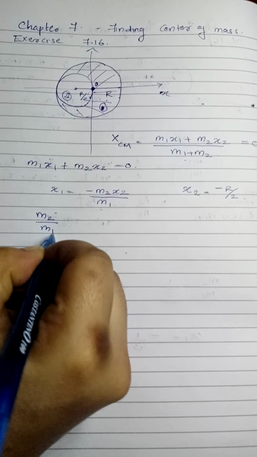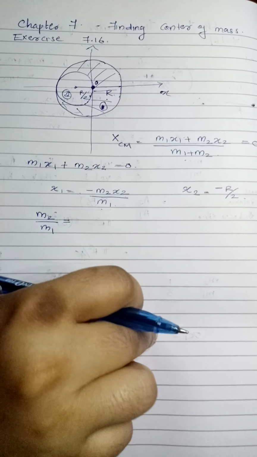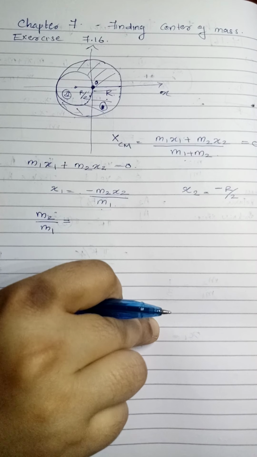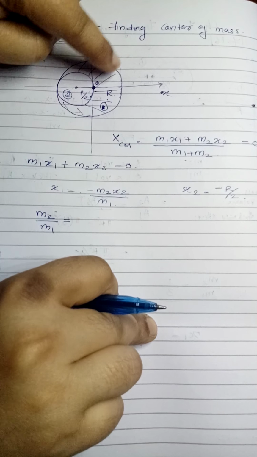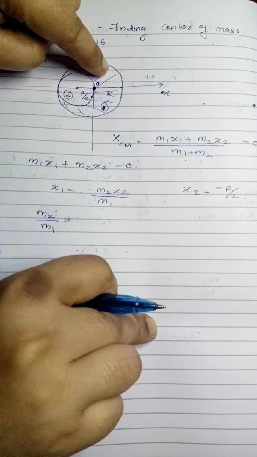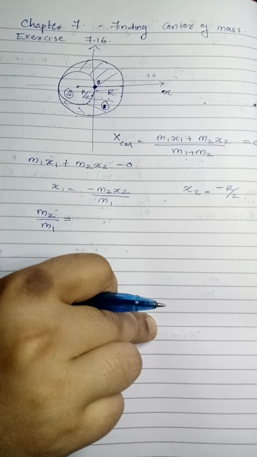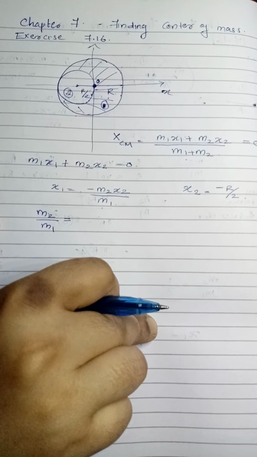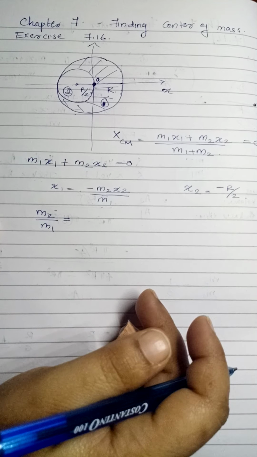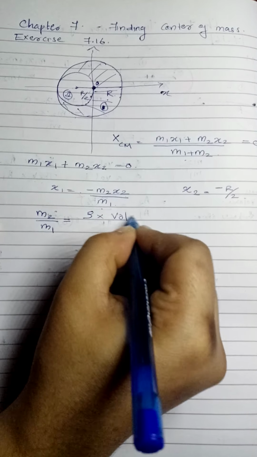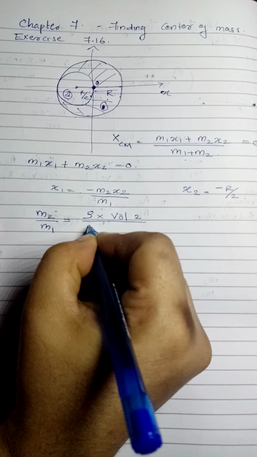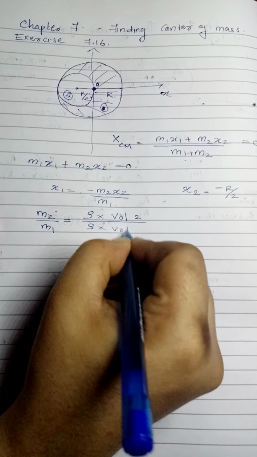m2 by m1. In order to find the ratio of masses, mass is density into volume. Since particles 1 and 2 are both part of the same circular disk, the density of both particles remains the same. So I can write density into volume of the second particle divided by density into volume of the first particle.